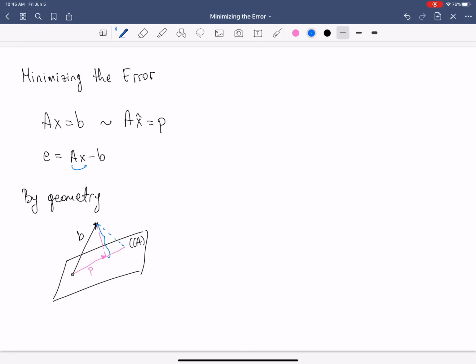Now, we can look at the same problem from the algebra perspective, and that's exactly what is most important for us. So by linear algebra, and I hinted to this in the previous video, the vector b is in Rm. The columns of A have m components, because A is an m by n matrix, so the columns of A are in Rm.